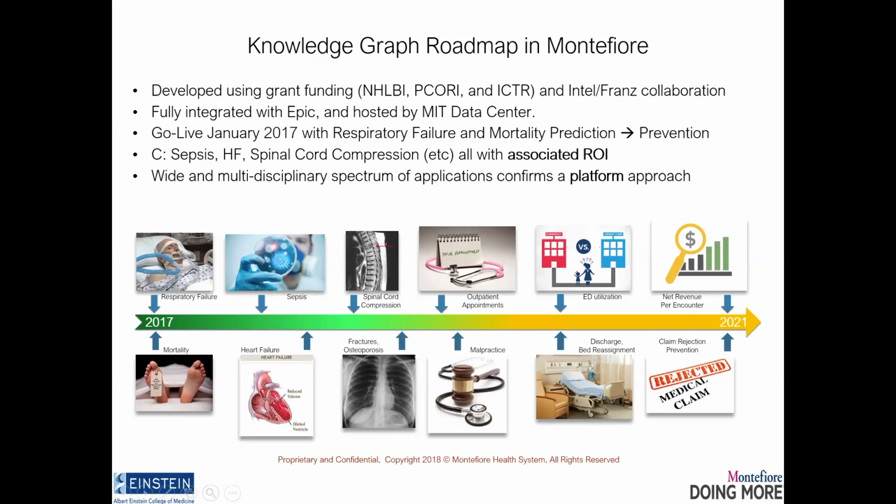This same underlying data model has been in use since 2017, when we went into production with a model for respiratory failure, where we have a random forest model with 46 complex variables that can do a way better job than doctors and nurses at predicting whether or not someone is going to have respiratory failure.